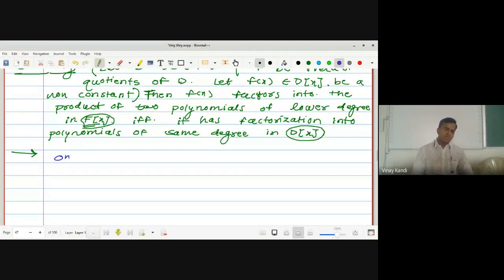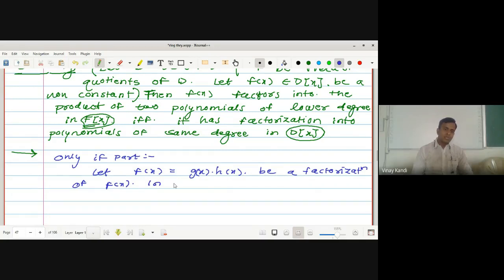Solution. Only if part. Okay, let f of x is equal to g of x into h of x be a factorization of f of x in capital F of x, where suppose the degree of g of x is equal to r and the degree of h of x is equal to s. Okay, if I have taken any element f of x belonging to that capital F of x, then it has a factorization like this, g of x into h of x, the factorization of f of x in capital F of x.